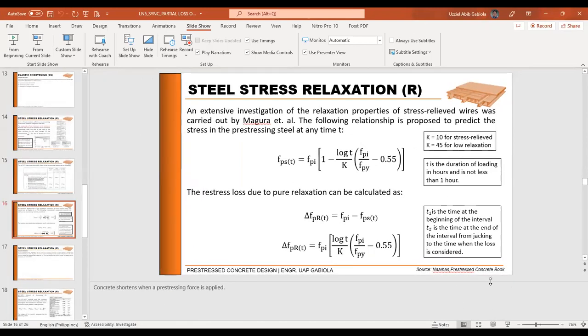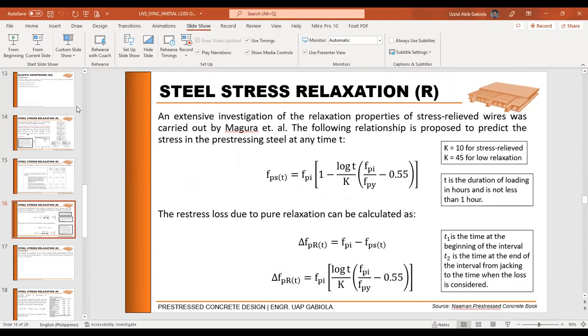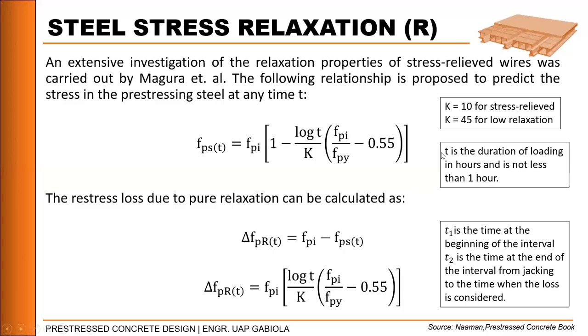Okay, so, ayan. So, yung may estimate daw natin yung prediction ng stress sa pre-stressing steel using this formula. And then, since stress relief tayo, yung K natin will be equal sa 10. Okay? And since meron tayong given na time, no? Sabi after 18 hours. Okay?